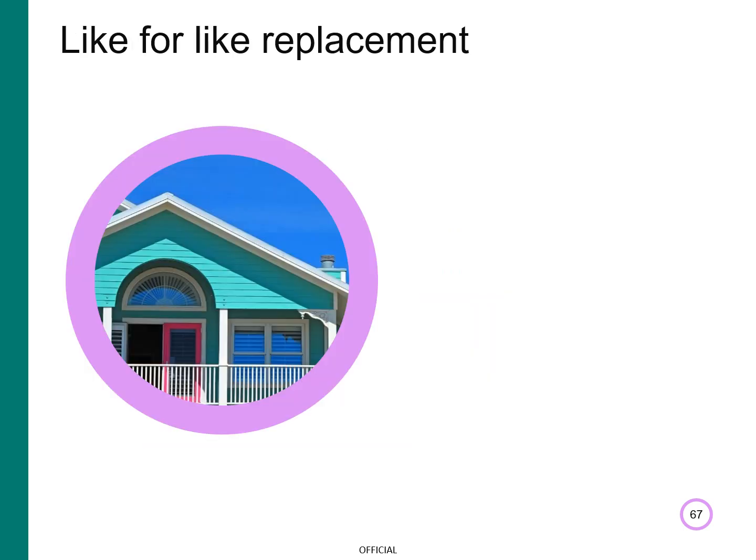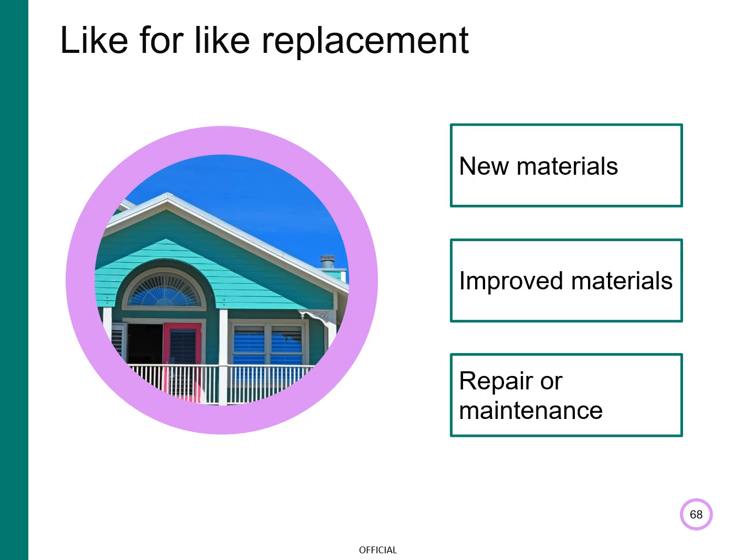What happens if a repair does not have a like-for-like replacement? If you use new or improved materials, this is still a repair or maintenance where the function of the asset remains the same after the work. A good example is where you replace single glazing with double or triple glazing.